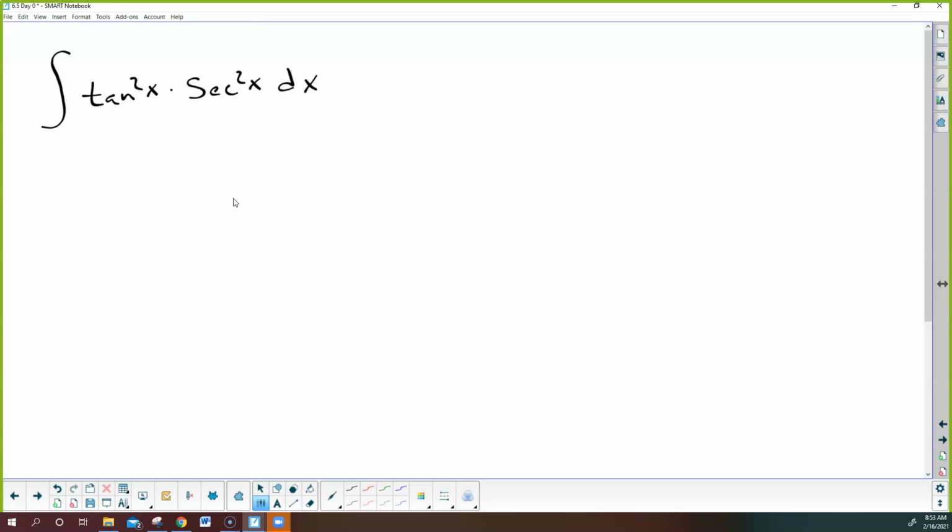We don't have a rule, or we don't have somebody's function, somebody's derivative, that is tangent squared x times secant squared x. This is not just one single function's derivative. So what we need to do is come up with a method that isn't guess and check. And you have to hear me out on this. What we're going to do is introduce something called substitution.